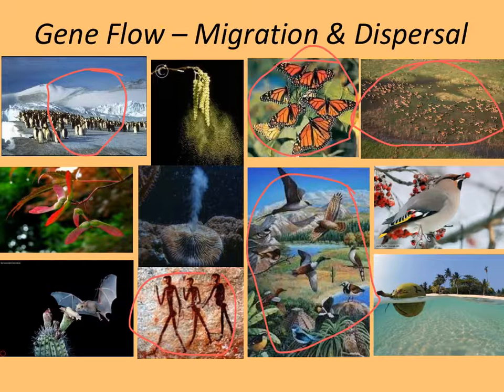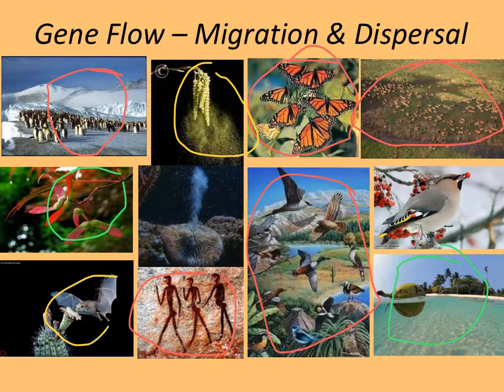And then we also have gametes, or seeds in this case. So these are diploid seeds, right? That's a diploid seed, that's a coconut. And then we have pollen, more pollen.